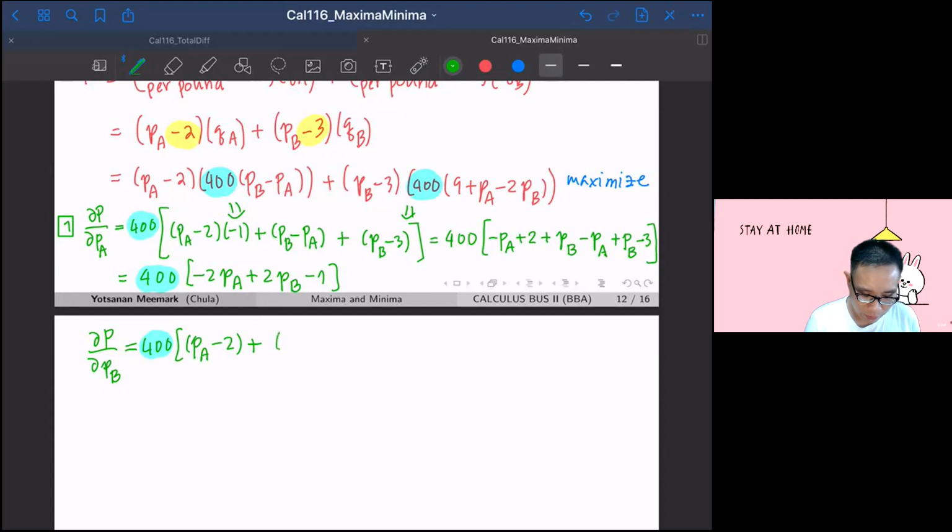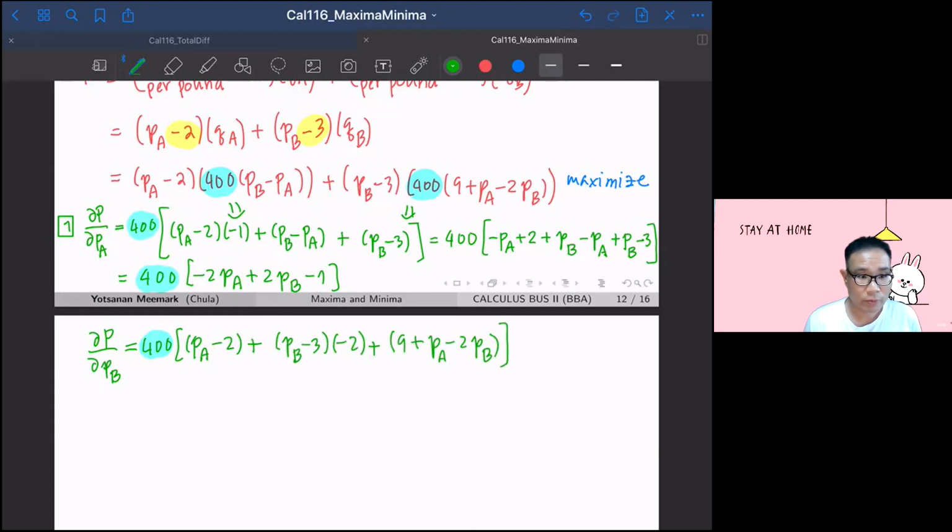So it's the first times the derivative of the second, which is negative 2, plus the second, which is 9 plus PA minus 2 PB, times the derivative of the first, which turned out to be 1.